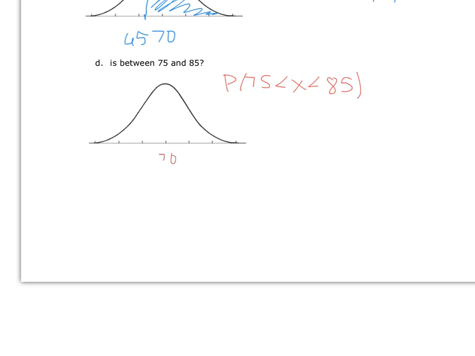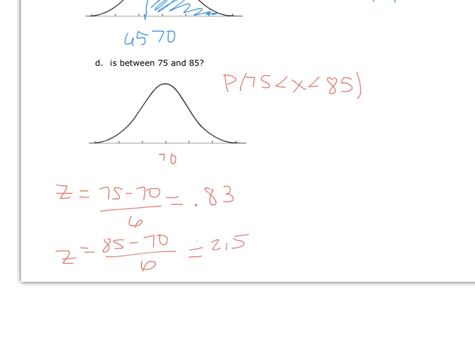We have two z-scores to calculate. 75 minus 70 over 6, which is 0.83. And 85 minus 70 over 6, which is 2.5.